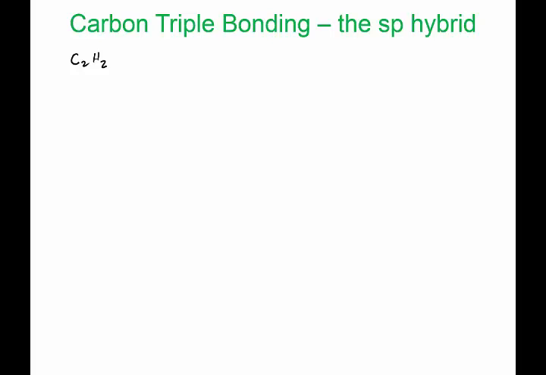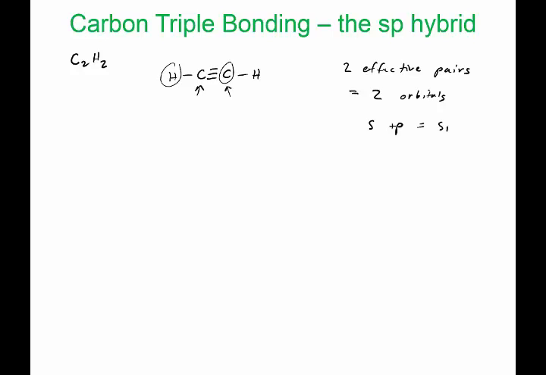If you have carbon, the Lewis structure will look like this. Okay, and this carbon only has two effective pairs, 1 and 2. Same thing with this carbon. So two effective pairs means you only need two orbitals. So all you need is an s and a p. So we say that this carbon is sp hybridized.